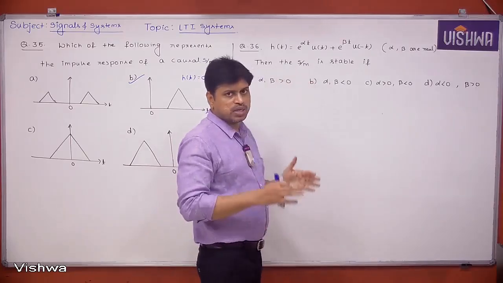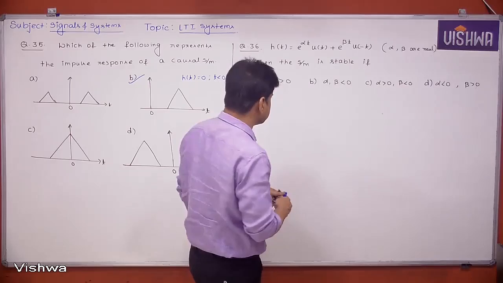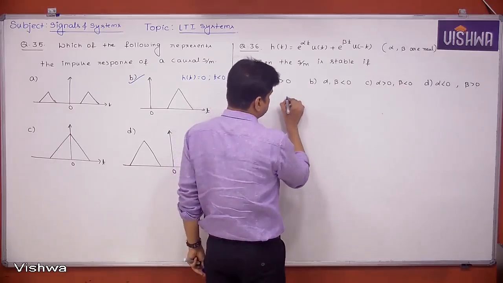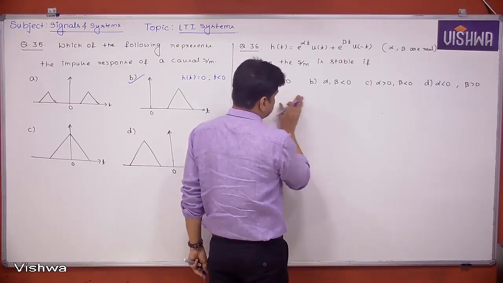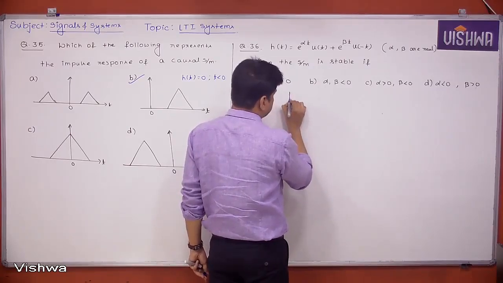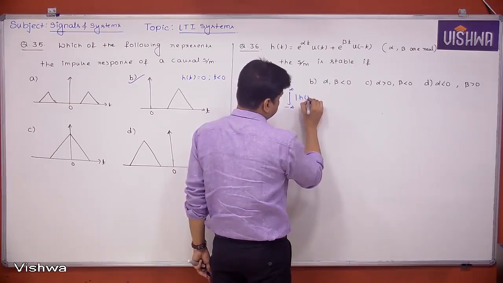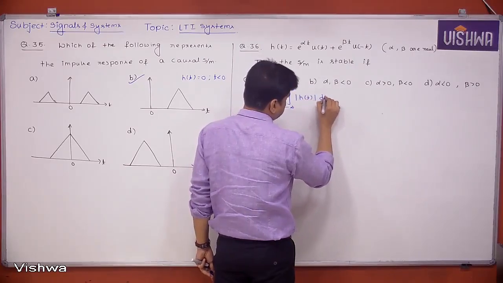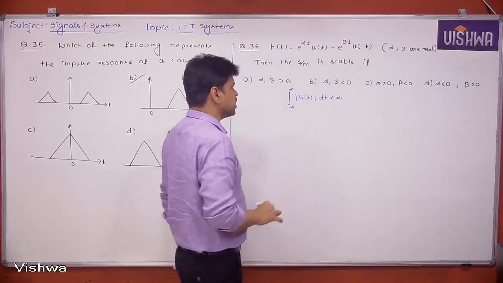I told you h of t must be absolutely integrable, so the integral from minus infinity to infinity of mod h of t dt must be less than infinity.